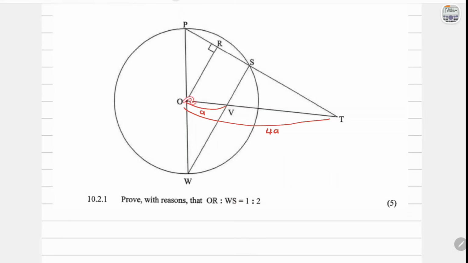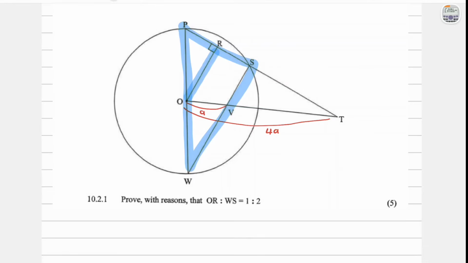So OR takes 1 part and WS takes 2 parts. Where have you seen that before? Where you have a triangle like this and you have this side being half the size of this side. That is in the midpoint theorem. So clearly they're using the midpoint theorem here.